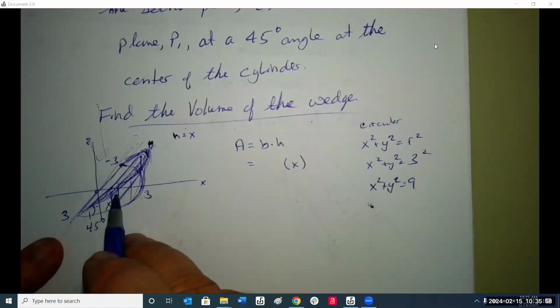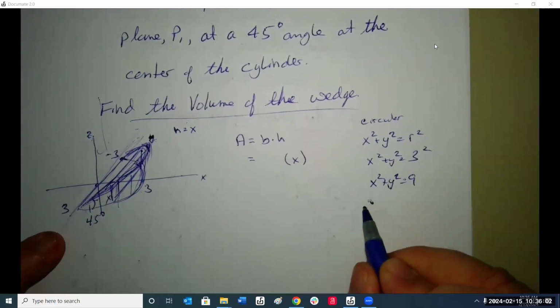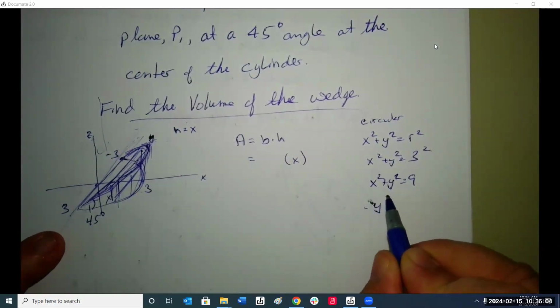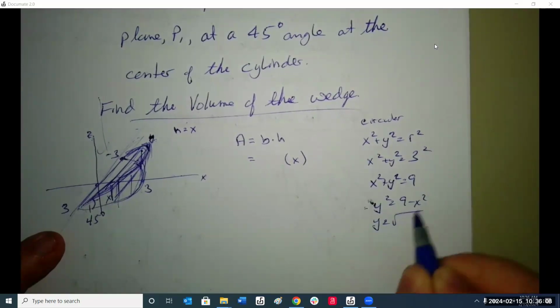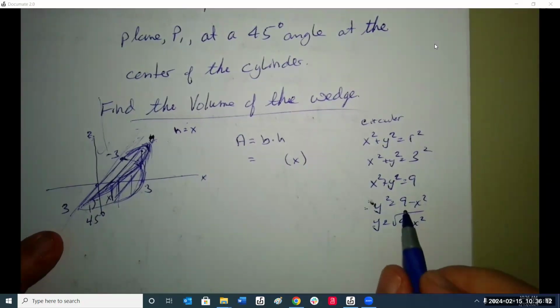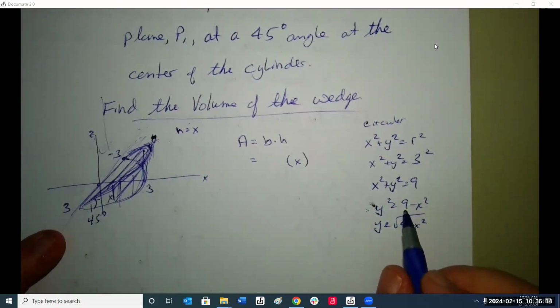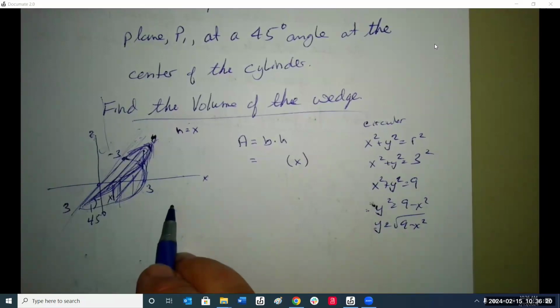And for the cylinder, let's solve for y. We get y squared equals 9 minus x squared. Okay, so that's the base.